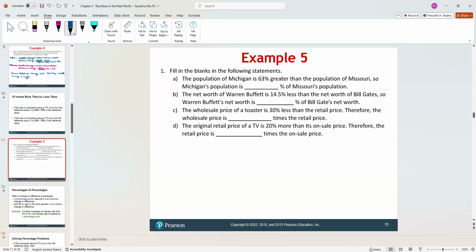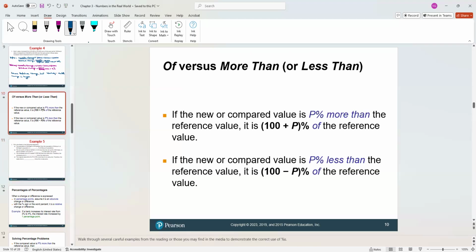Michigan's population, if you want to do some computations, you would realize it's 163%. Michigan's population is 163% of Missouri's population, because 63% more than expresses a relative difference, right? And this equivalence is 100% plus the percentage. That's what we just said in the previous one.